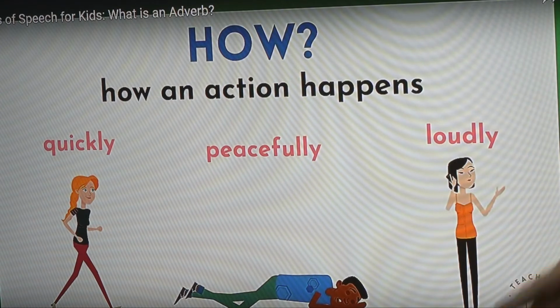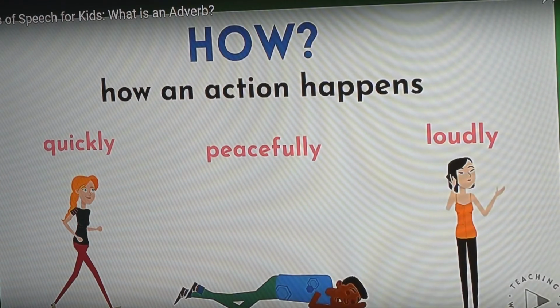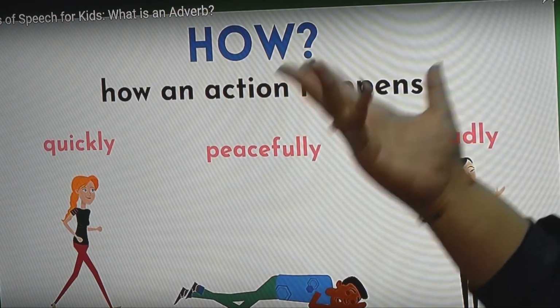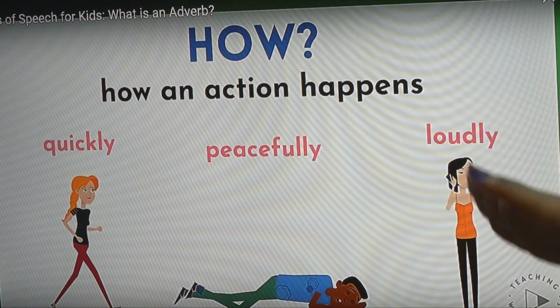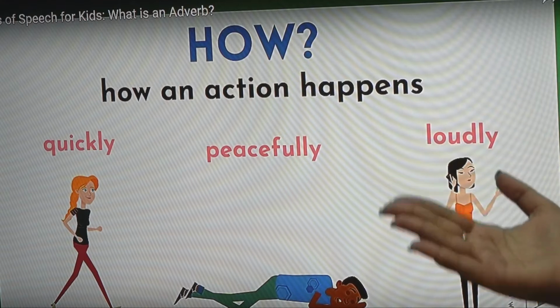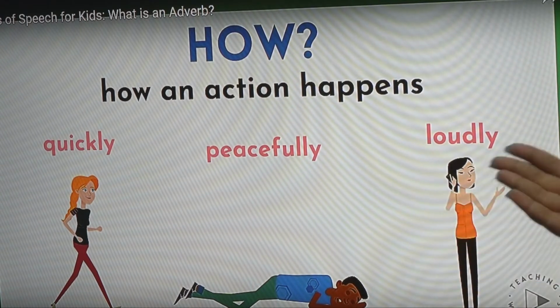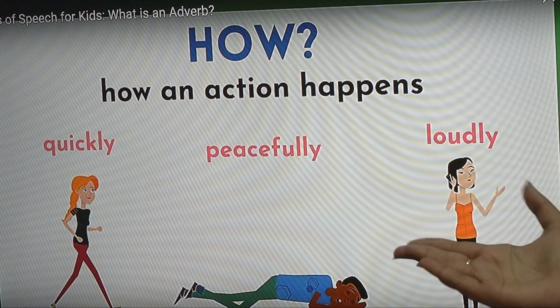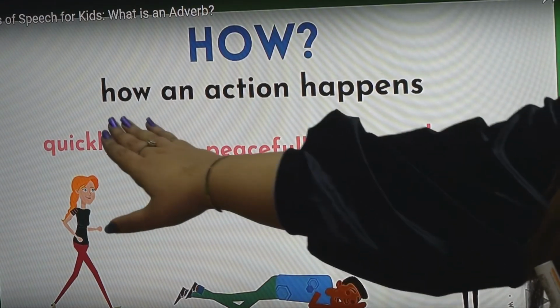He sleeps peacefully. So this sentence tells us how he sleeps. Loudly. She talks loudly. This sentence tells us how she talks. Okay? These are called adverbs.